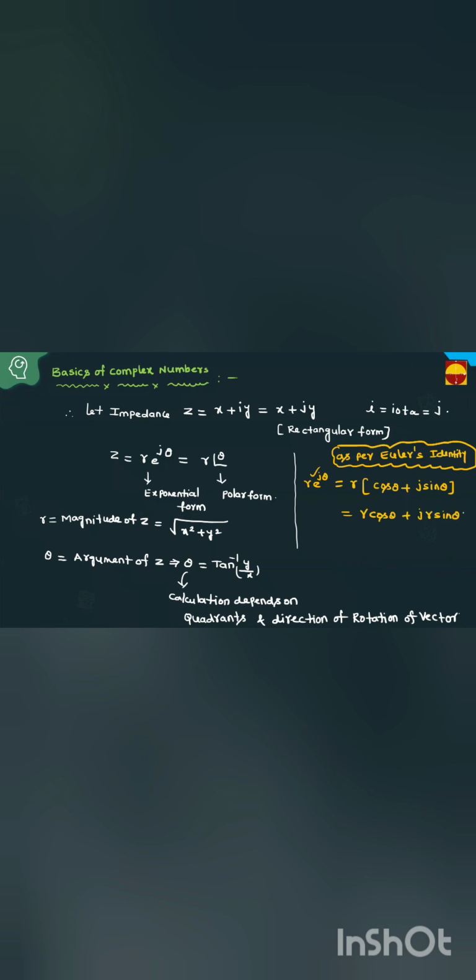Now you see how to calculate the angles in different quadrants. Calculation of theta depends on quadrants and the direction of rotation of the vector. This is the coordinate system.